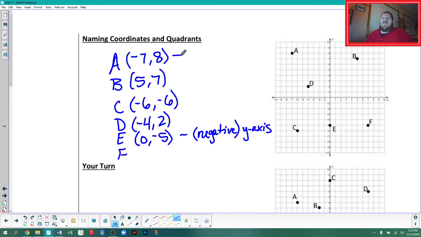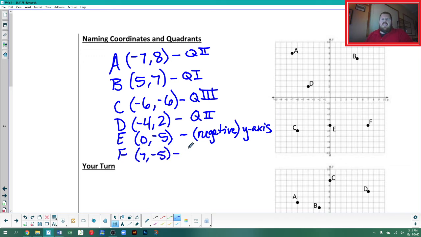And again, I could have done this for all these. This is in Q2, this is in Q1, this is in Q3, this one is in Q2, and F is at 7, -5. That makes it in Q4.